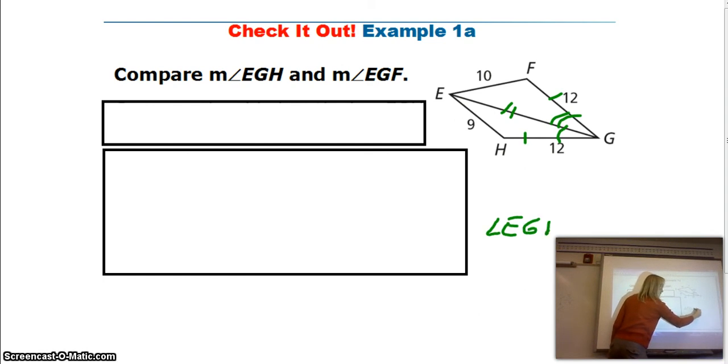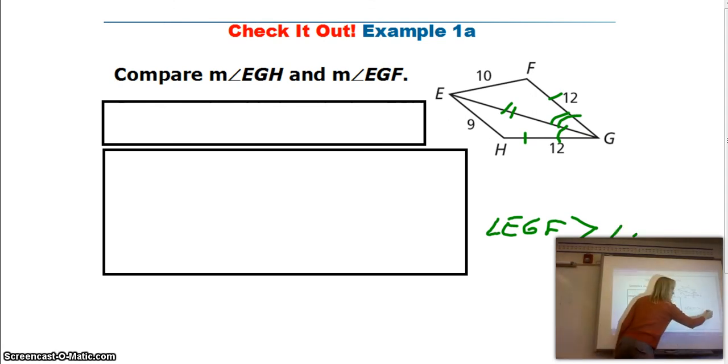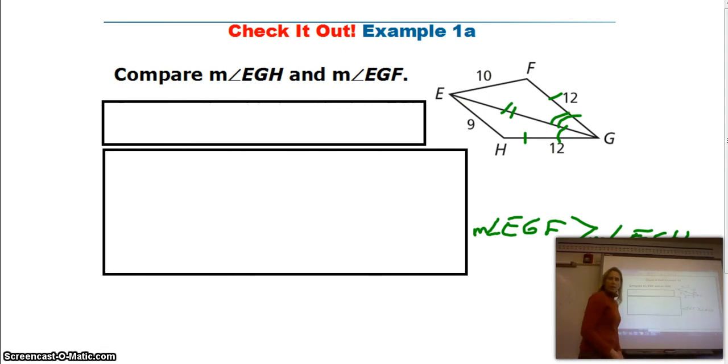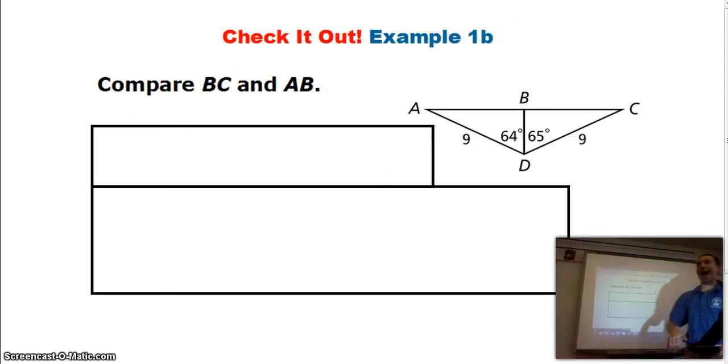It must be greater than angle EGH. Probably should put the measurement symbol there, right? And what are we using to determine this? Converse of the hinge theorem. Good. That's because we're using the known third side in that case.